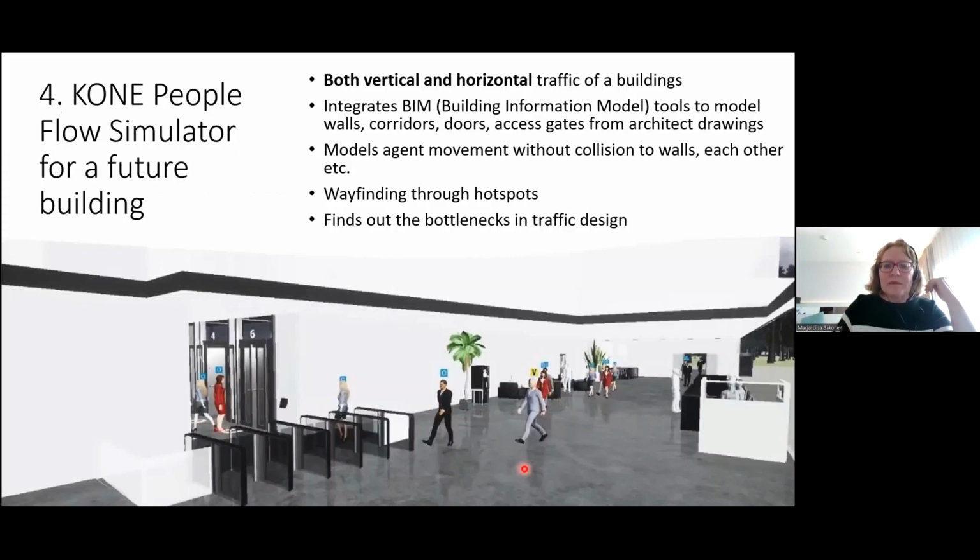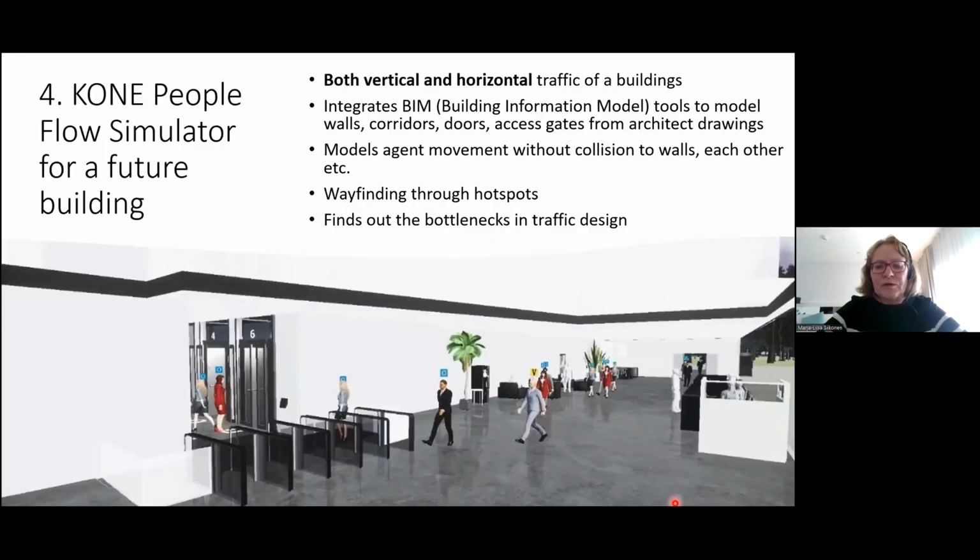So we feed into the simulator architect building information models, the walls and, let's say, corridors, access gates, whatever there is in the architect drawing, so we can draw the building as accurately as possible, and then feed the passenger traffic in the building.